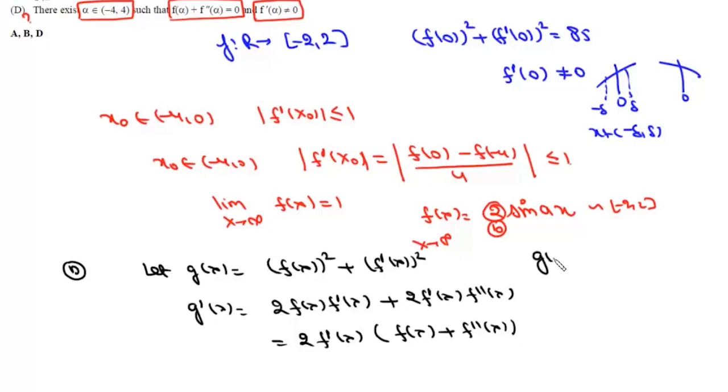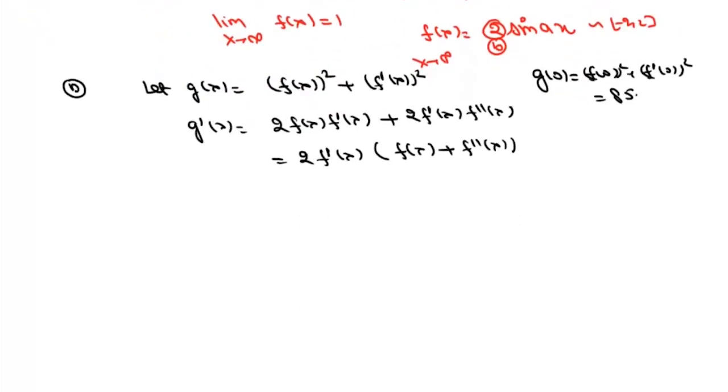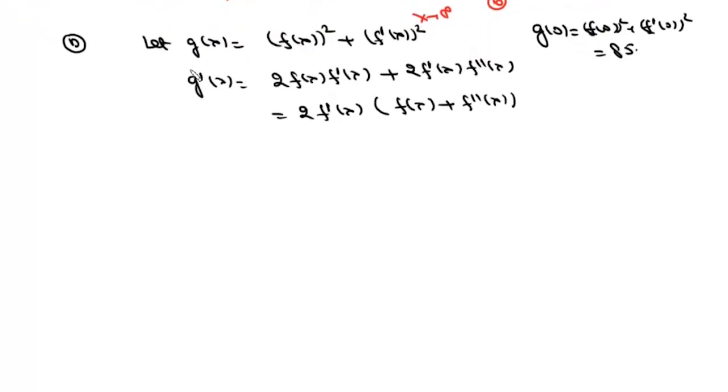Now if we look at g(0), g(0) will be f(0) square plus f dash 0 square, which is given as 85. Now what we'll do is, we'll consider two separate intervals. First interval when x lies between -4 and 0, and second interval where x lies between 0 and 4.